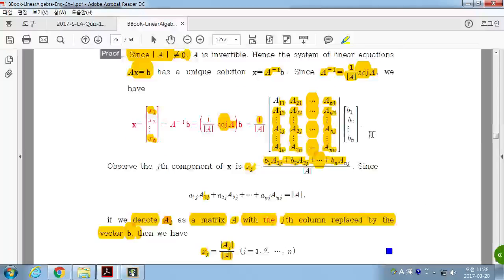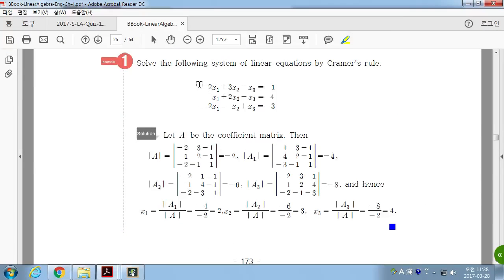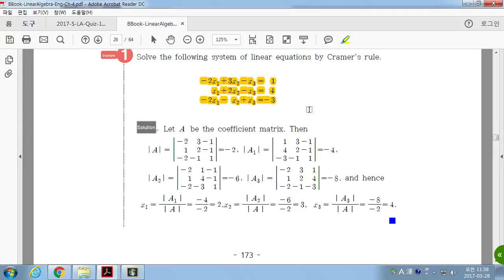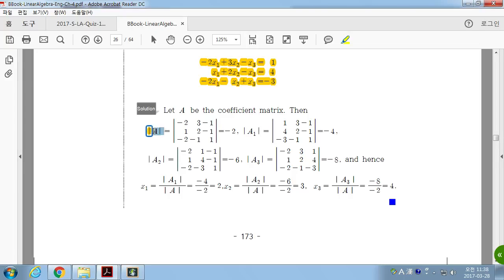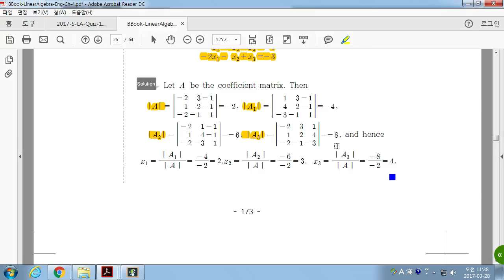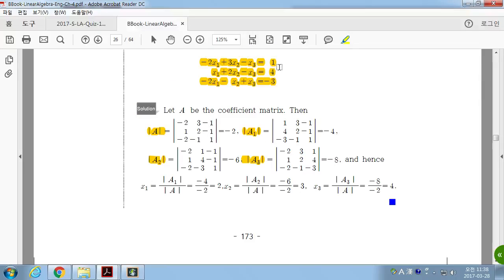It's done. It's proved. So suppose we have this linear system of equations. We find the determinant of A, and we find the cofactors. Here B is 1, 3, so A1 is the determinant of the matrix A whose first column is B, A2 is the determinant of the matrix A whose second column is B, and A3 is the matrix whose third column is B. So we find the determinants of A1, A2, A3.